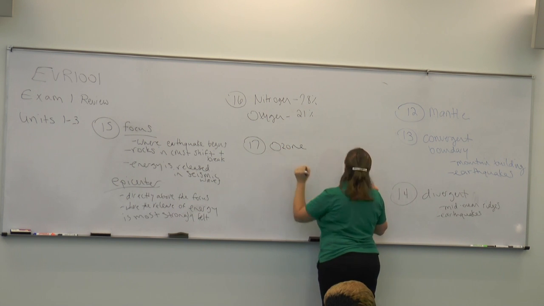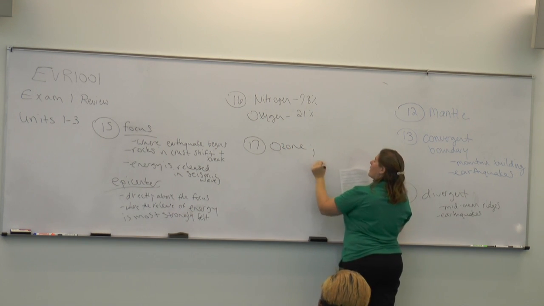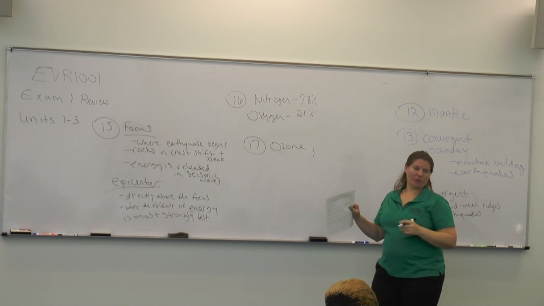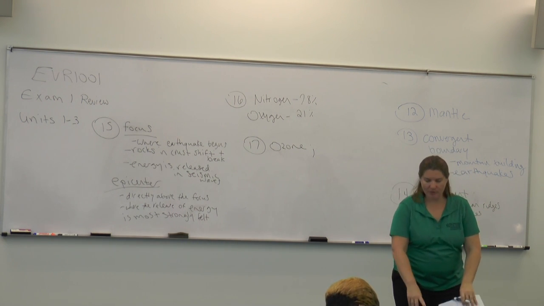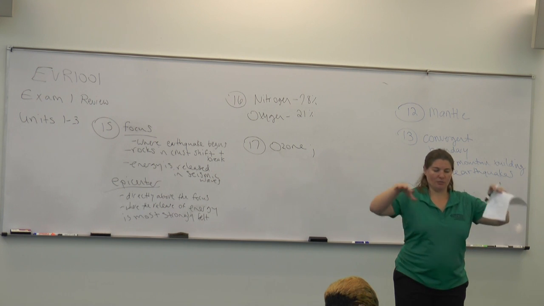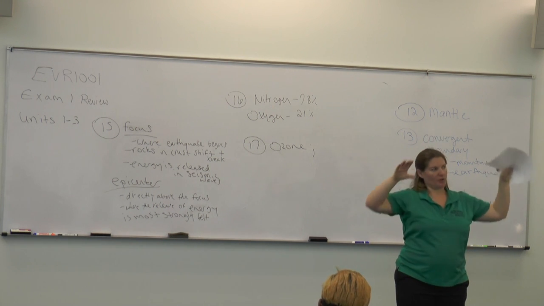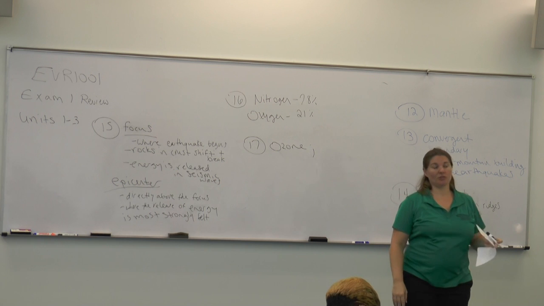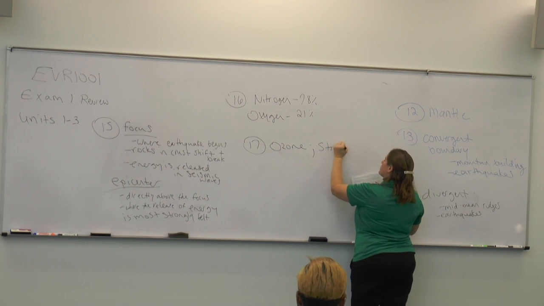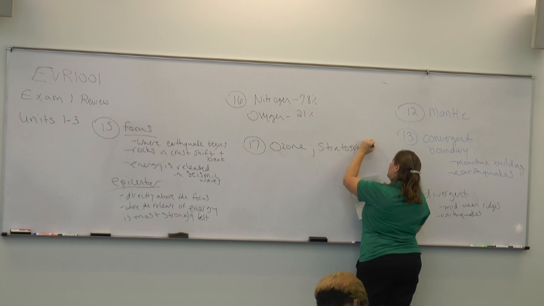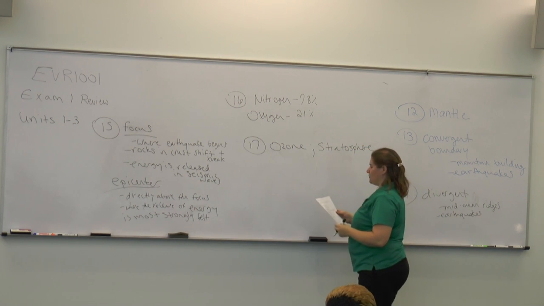And where is ozone present? We talked about a few different layers of the atmosphere: the troposphere, the stratosphere, the mesosphere, and the thermosphere. Where is it found? The stratosphere. Ozone is present in the stratosphere and helps to protect us against UV radiation.